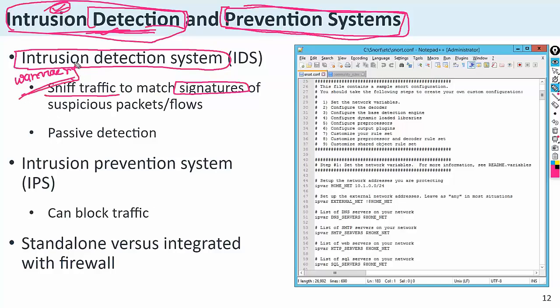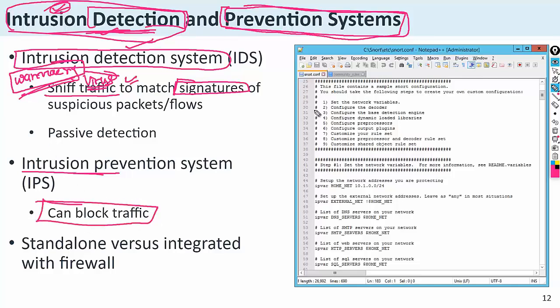On the basis of the signature, the IDS will try to detect the intrusion, meaning any signature related to WannaCry or any virus. It will just start the alarm. But the IPS will identify the traffic and block it.